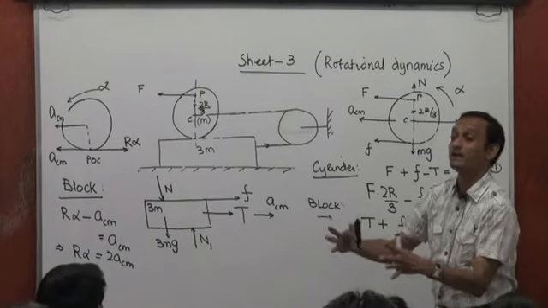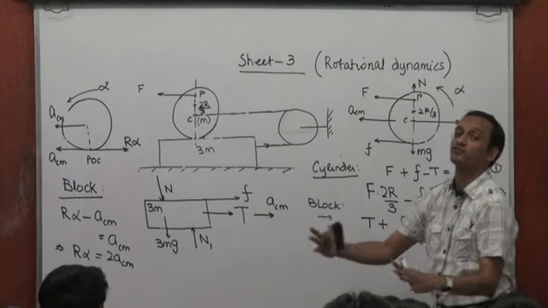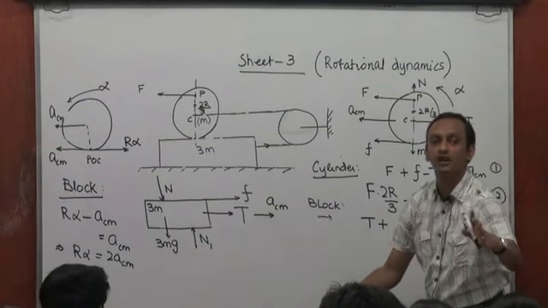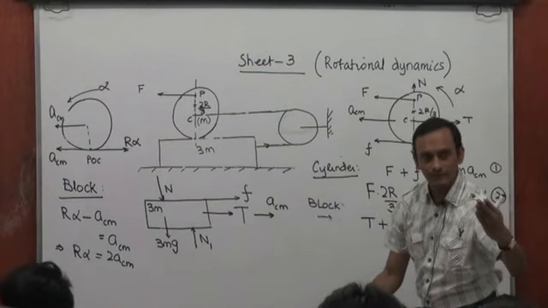And when I get capital F less than or equal to something, then that something would be the maximum permissible value of capital F. Right? This is what we want to do.